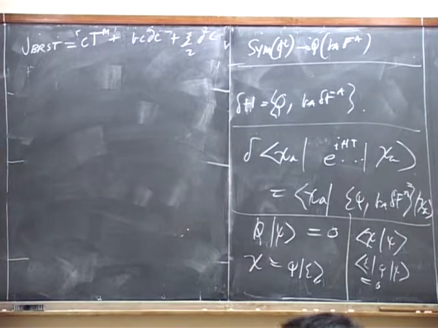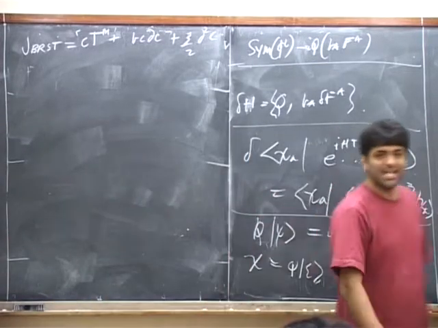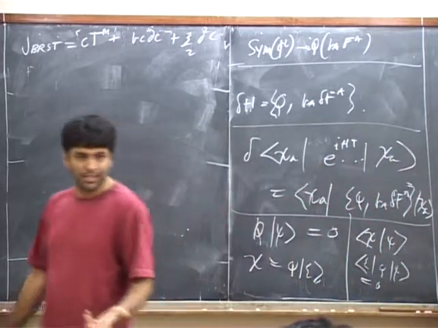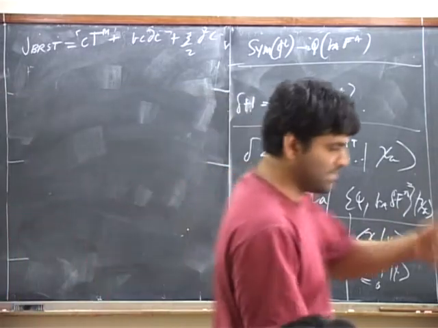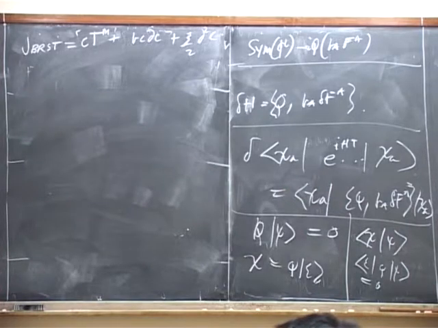Okay, we have this nice BRST current which generated BRST transformations in the sense that the OPE between this current and all the fields had poles, and the residue of the poles, which gives the transformation of that field under the symmetry operation generated by Q, was the correct thing.